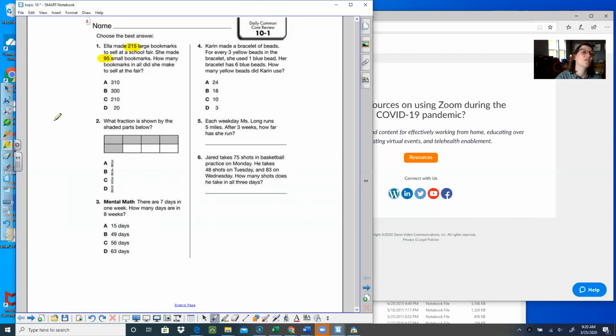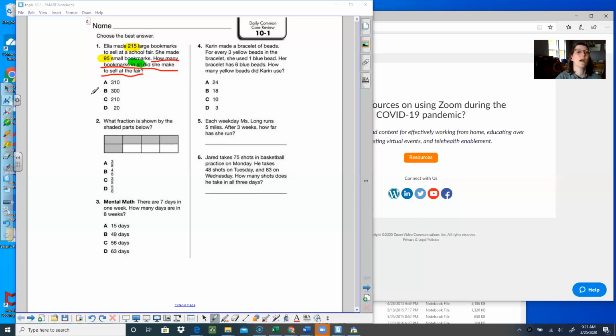And now hopefully you're thinking, what is my question that I need to answer? Our question is, how many bookmarks in all did she make to sell at the fair? Now, boys and girls, what is our keyword that lets us know whether we are adding, subtracting, multiplying, or dividing? And hopefully you're whispering to yourself, in all.